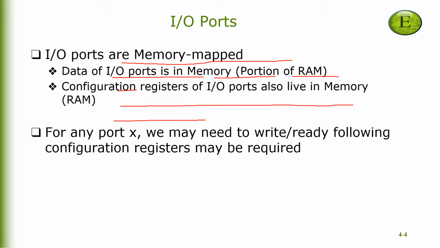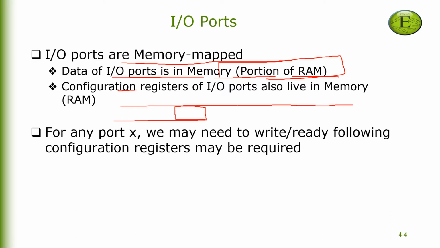So whether we wish to configure the I/O port or program it for some specific application or purpose, that information or those configuration bits need to be written into some memory location. And again, if we are operating the ports for the input-output task, we have to access a certain portion of the memory.